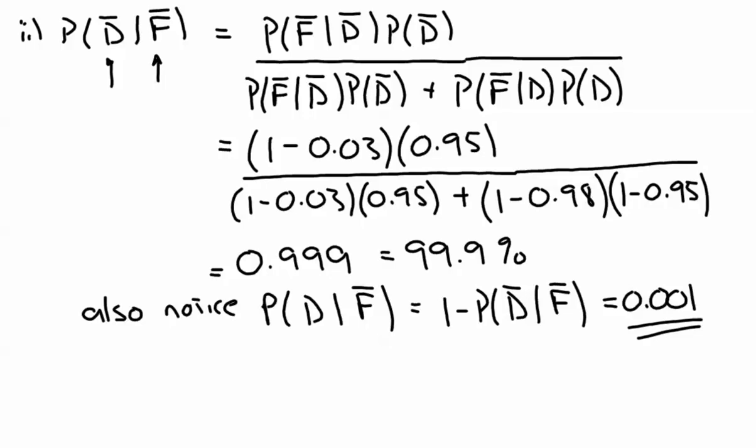Probability it's defective if it passes the test is a tenth of a percent. It's only a tenth of a percent likely that it's a truly defective part if it passes the test. That's good news for your customers.